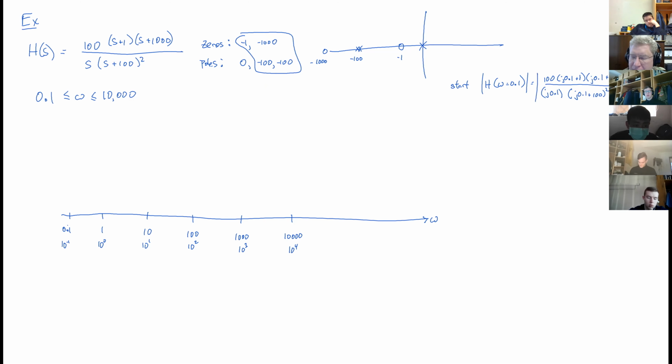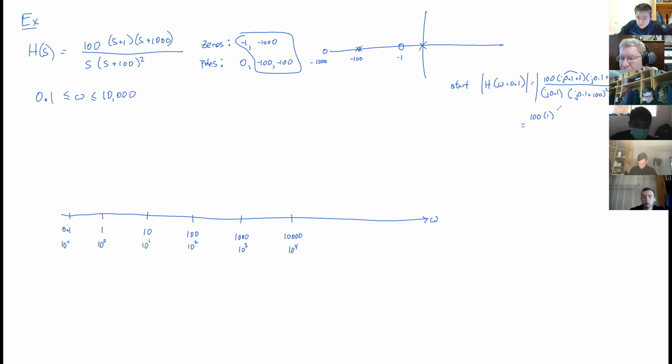We want to find its magnitude. That looks kind of hard at first, but we can separate our magnitudes out into the magnitude of each part. The magnitude of 100 is 100. The magnitude of j 0.1 plus 1, because these pieces are separated by at least a factor of 10, is pretty close to exactly 1.